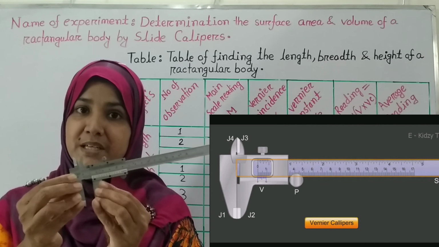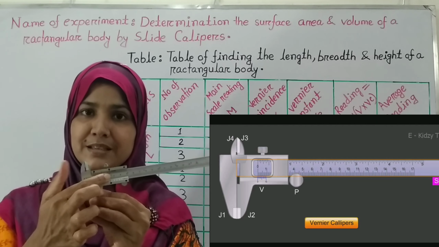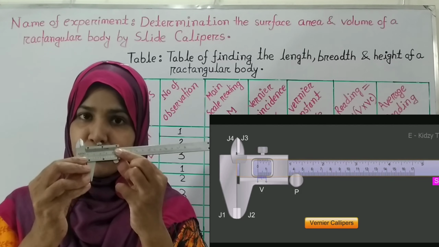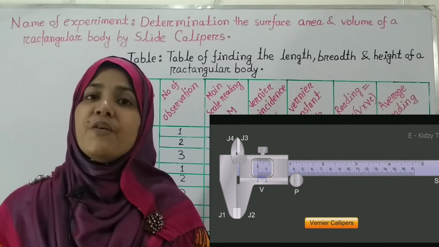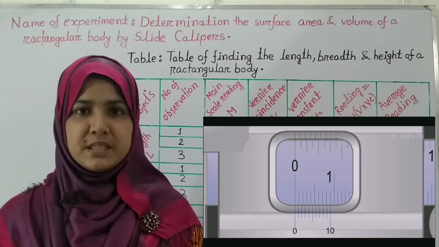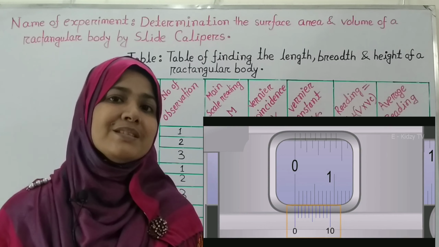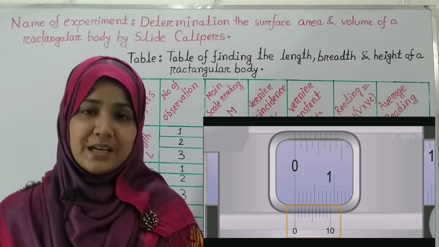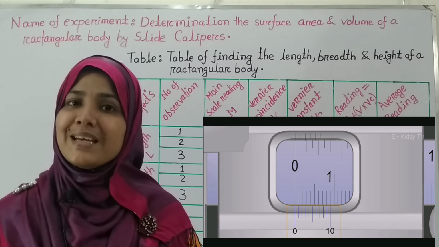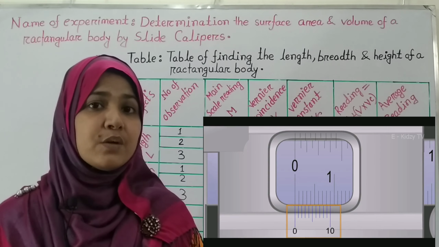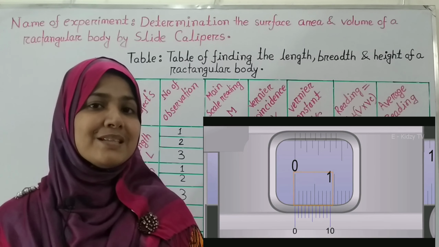And the speciality of the vernier scale is that by using this scale we can measure the fraction value of a millimeter. Actually, the vernier scale is made in such a way that if the number of divisions of the vernier scale is 10, then it will be equal to 9 divisions of the main scale.